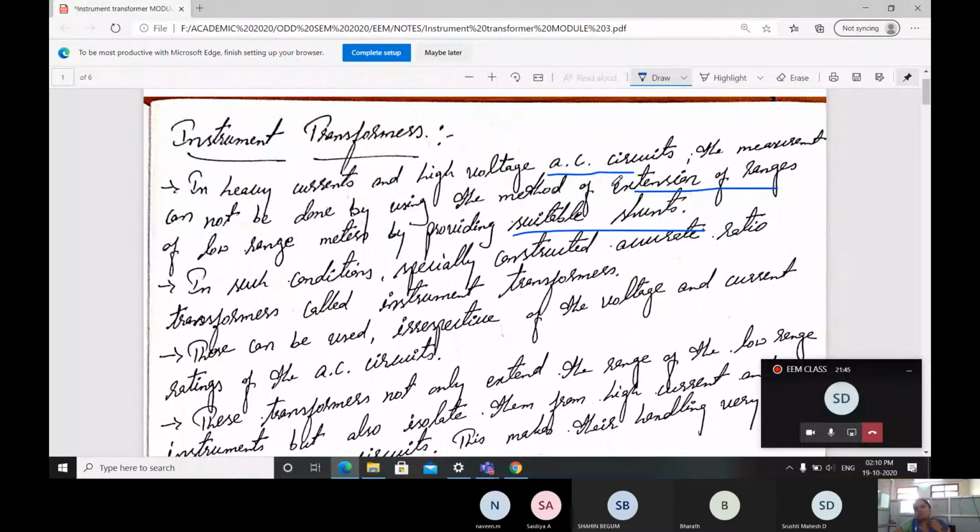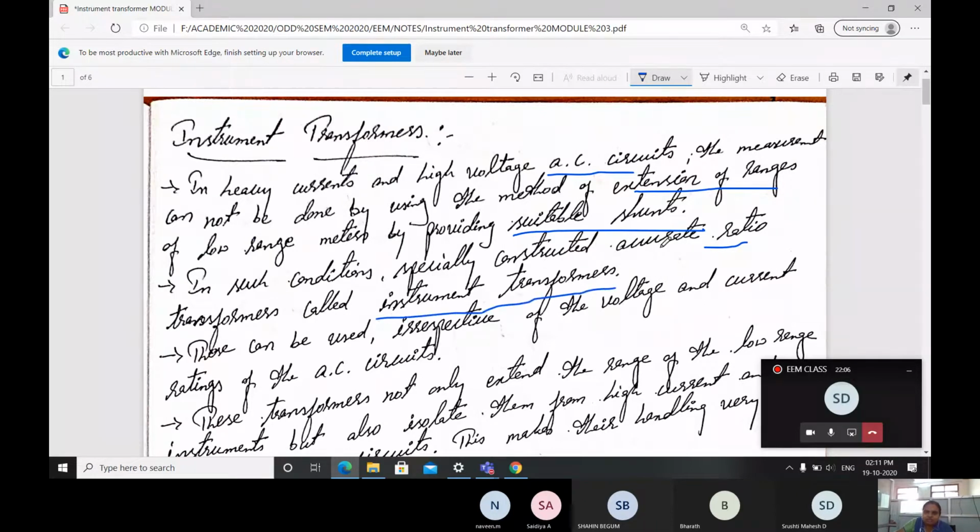What we use in normal ammeters or voltmeters is not possible. For that reason, we go for instrument transformers. In such conditions, specially constructed accurate ratio transformers are called instrument transformers.